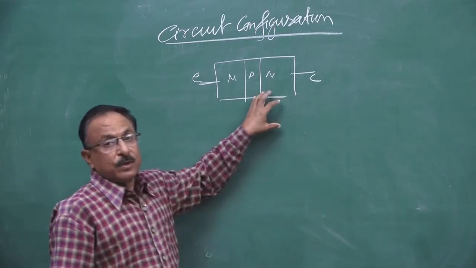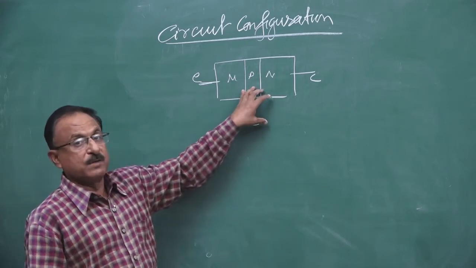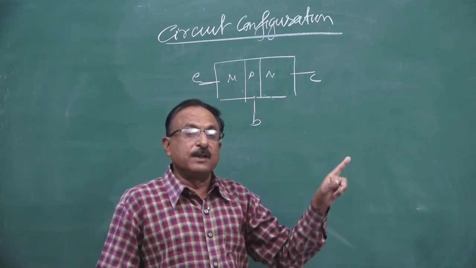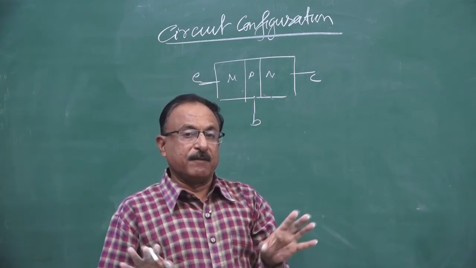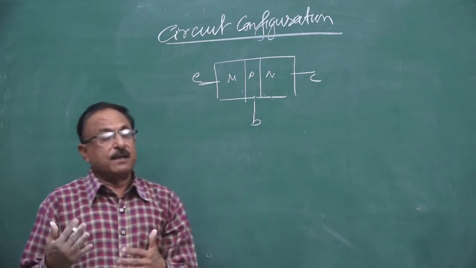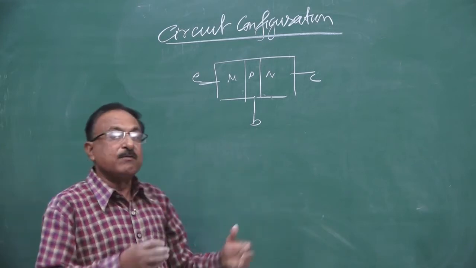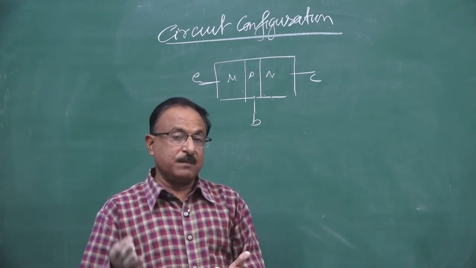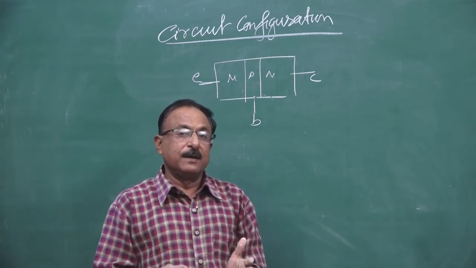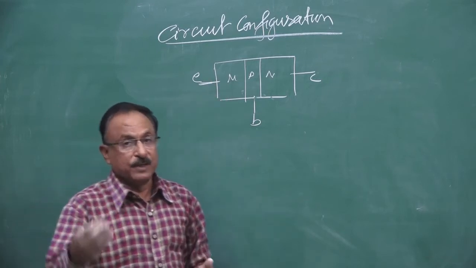So in order to make it a 4-terminal device, a 2-port device, we make one of the terminals common. When we say common, we mean it can be used on both sides. Or we can say we make one of the terminals grounded. Depending upon which terminal is grounded or made common, we have 3 types of circuit arrangement for the transistor, which can be used for various purposes.